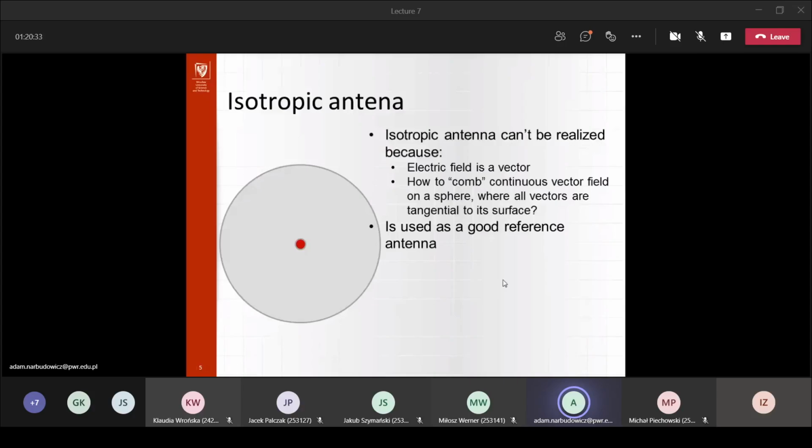And I'm using interference here in the physical sense, right? So a superposition of two coherent signals. Okay, so it cannot be realized. However, as said, it's a very good reference antenna. Why? Simply because it can be calculated by a very simple equation, right? We take the power that goes into the antenna, we divide it by 4πr squared, and that's it.